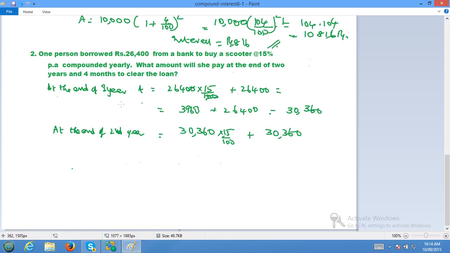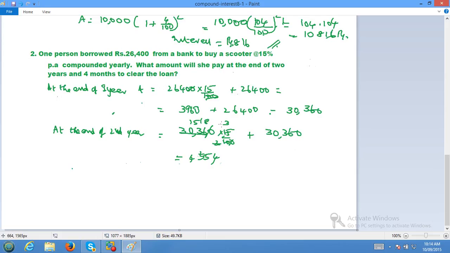So if you work out the interest, you get 4,554. You can cancel 1 zero. 3 fives are 15, you cancel and we get 1 5 1 8.